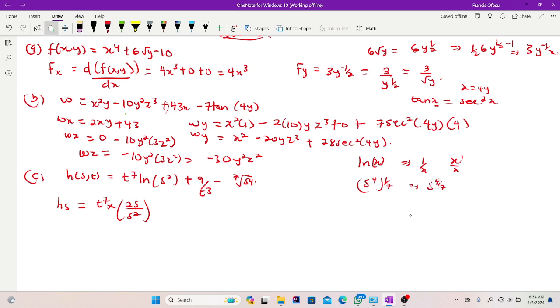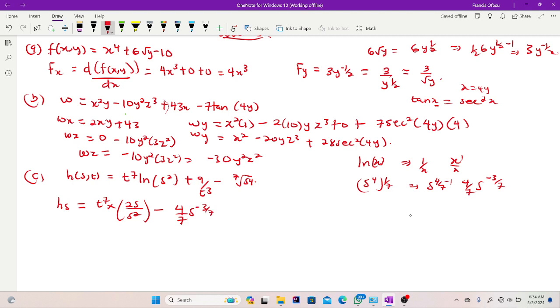So if you want to differentiate, you just multiply by 4 on 7, then you subtract 1 from the power. So when I subtract 1 from 4 on 7, what am I getting? Negative 3 on 7. So my derivative here becomes negative 4 on 7 multiplying s to the power negative 3 on 7.